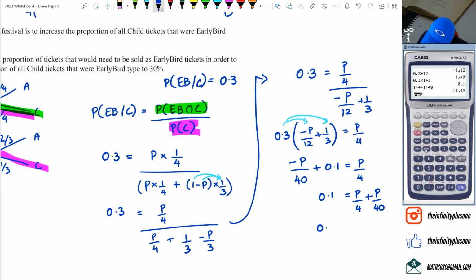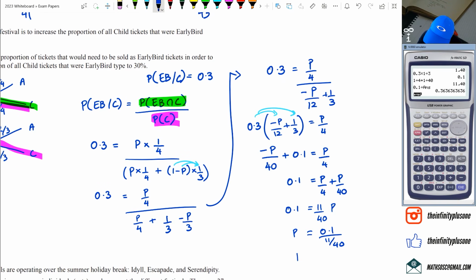So we get 0.1 equals 11 over 40 P, and then P is equal to 0.1 divided by 11 over 40. That gives me 0.3636, or if you want to write it as a fraction, 4 over 11.